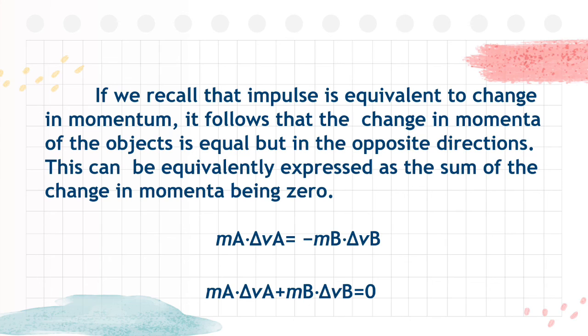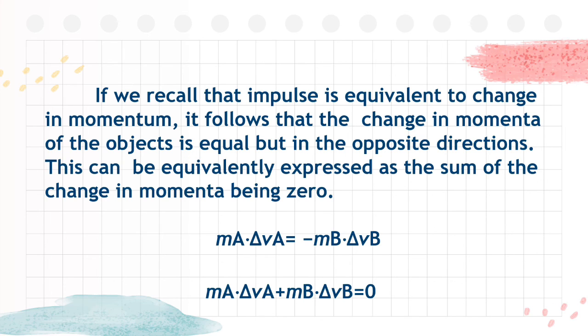If we recall that impulse is equivalent to change in momentum, it follows that the changes in momenta of the objects are equal, but in opposite directions. This can be equivalently expressed as the sum of the changes in momenta being zero.